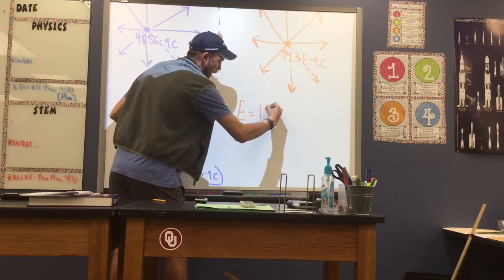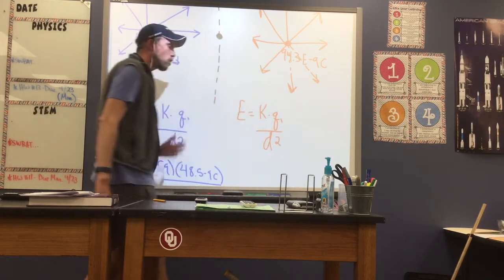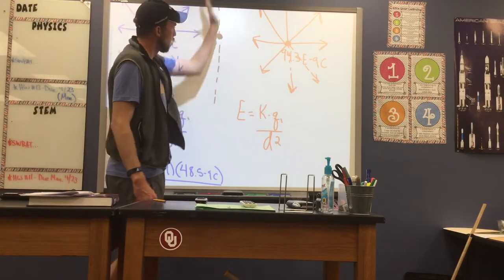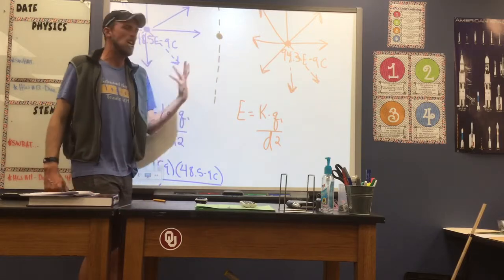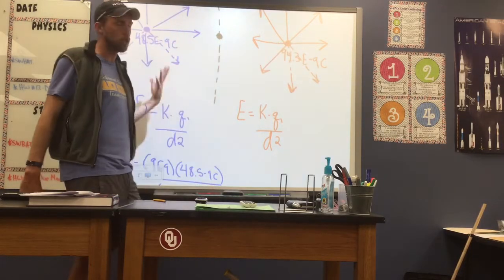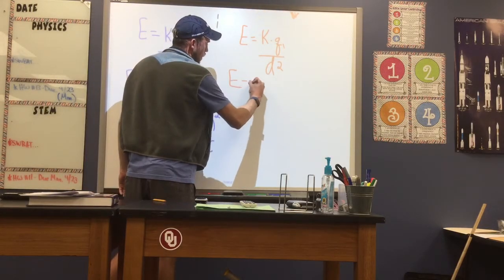So, same approach, K times Q1 over D squared. Now notice in our equation, only one variable is going to change here. Our constant is going to remain the same. We're still midway between those points. So the difference really here is our amount of charge, how big or small Q is going to be. So we'll plug in what we know.